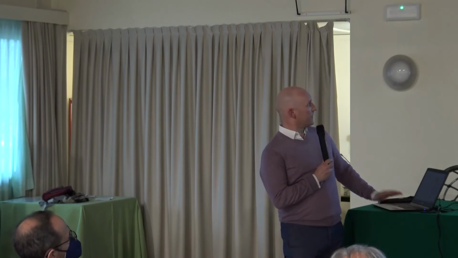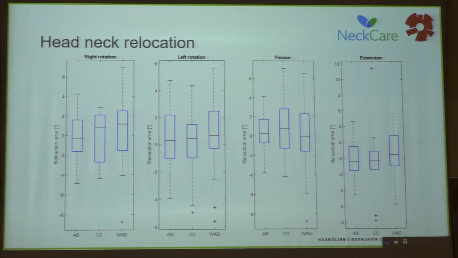And here you can see a graph showing the proprioception. This is called the head neck relocation. We place the sensor on and rotate to all directions, and we ask the subject to go back to the initial position.